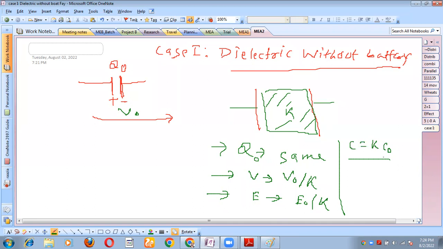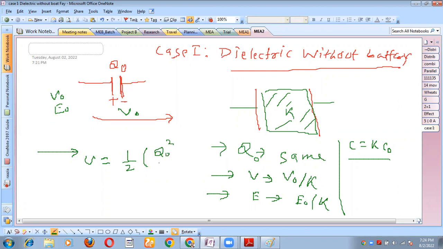Understood this one? So whenever we insert the dielectric without the battery connected to the capacitor, potential decreases, electric field between the plates decreases, capacitance increases, and charge remains the same. Also, what happens to energy? We know that energy is half CV square, or energy is also Q square by 2C.